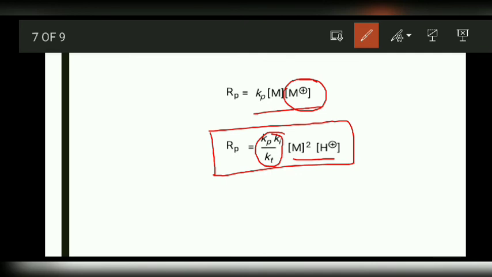So the rate of polymerization in case of cationic polymerization depends both on the monomer and the initiator, right.